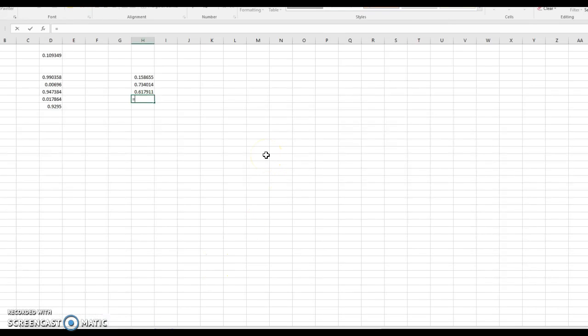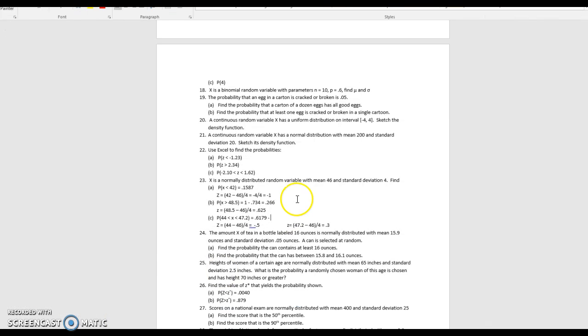So let me go back and get that. Equal norm.s.dist negative 0.5, true, and that gives us 0.3085. Now let's just subtract those two probabilities and we'll have our answer, and that gives me 0.3094.